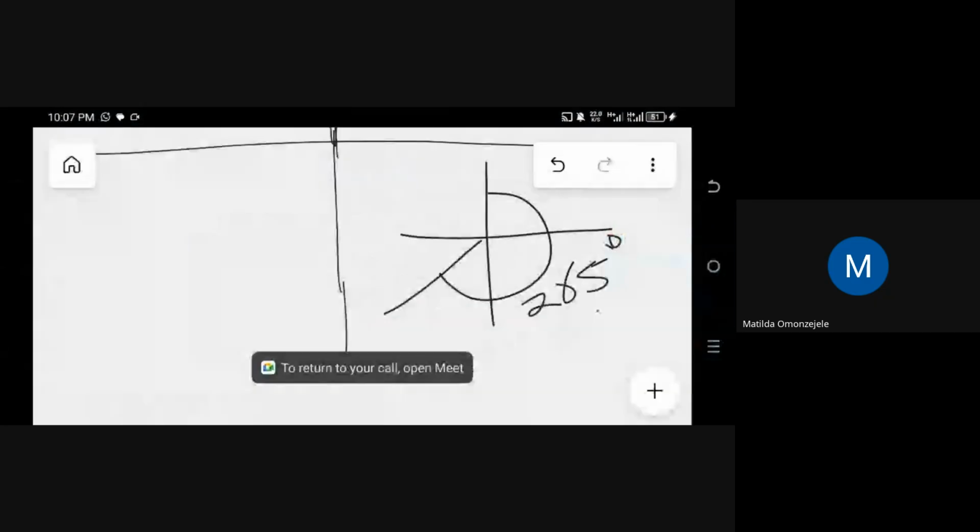Okay, this is the question. 265 degrees as a 3-digit bearing. What is the result in compass bearing?